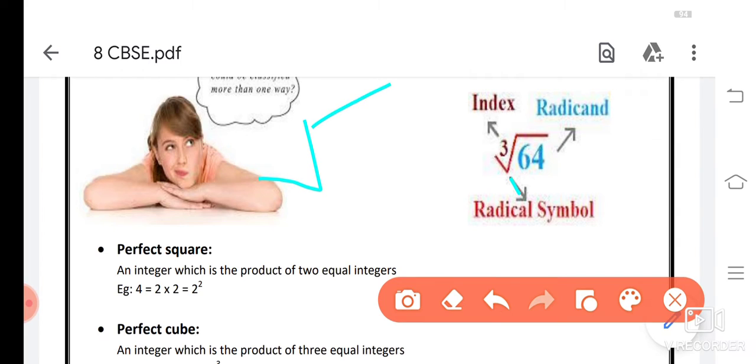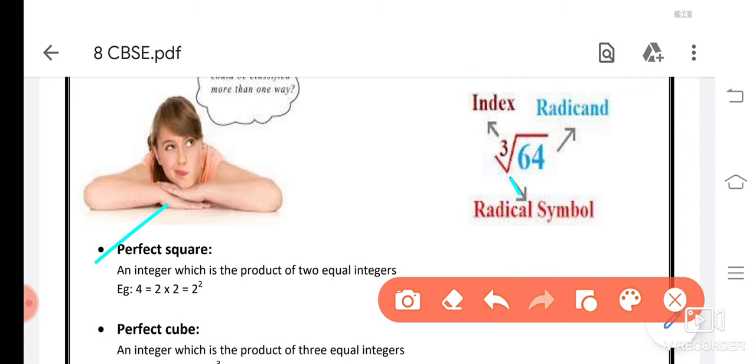Simply, if I write like this, for this we say square root, for this we say cube root. Here there is no number, that means inside here 2 is there. Remember this.